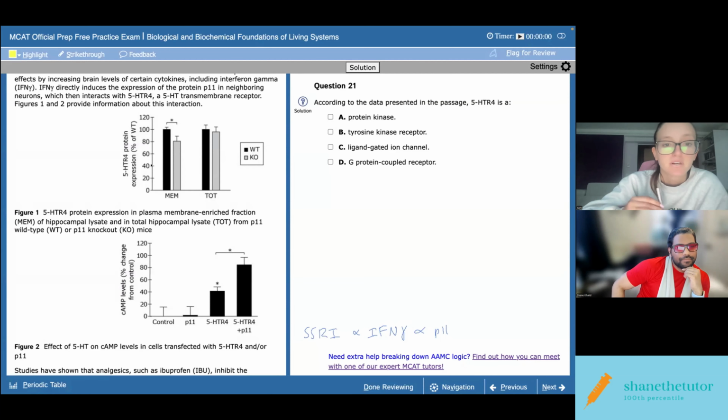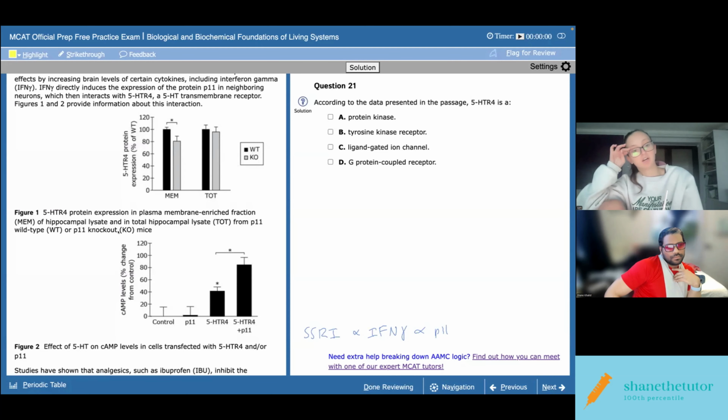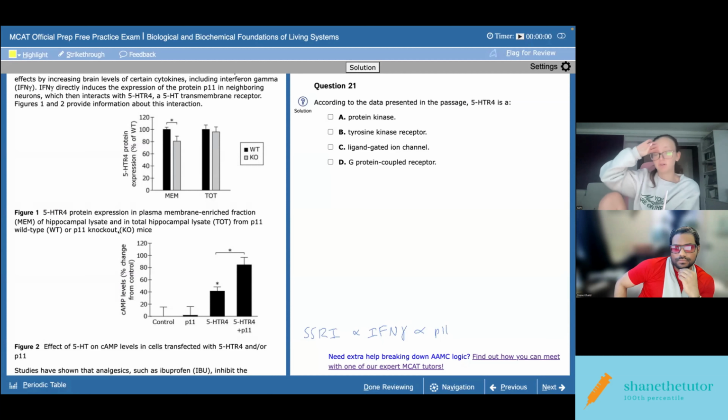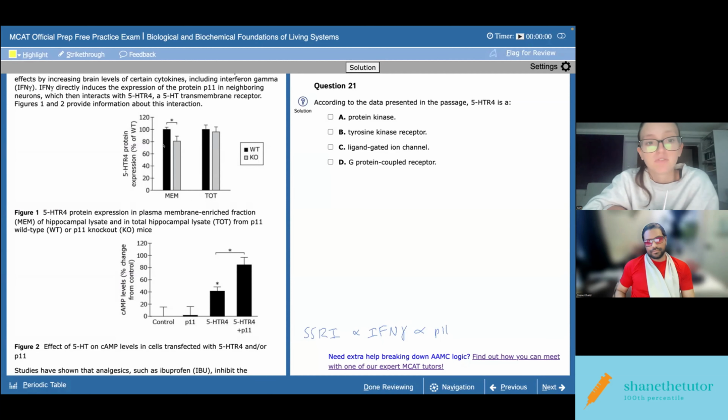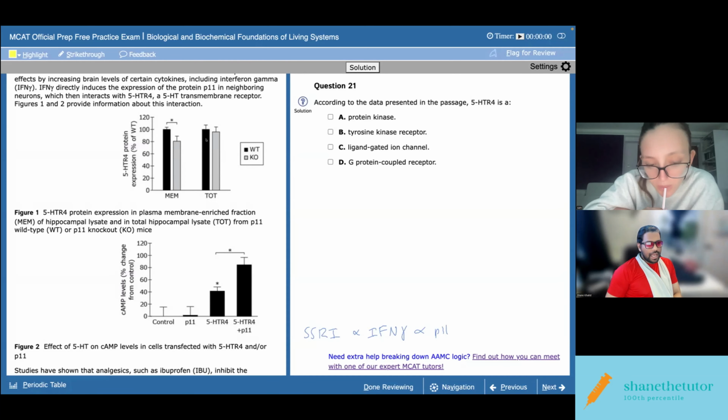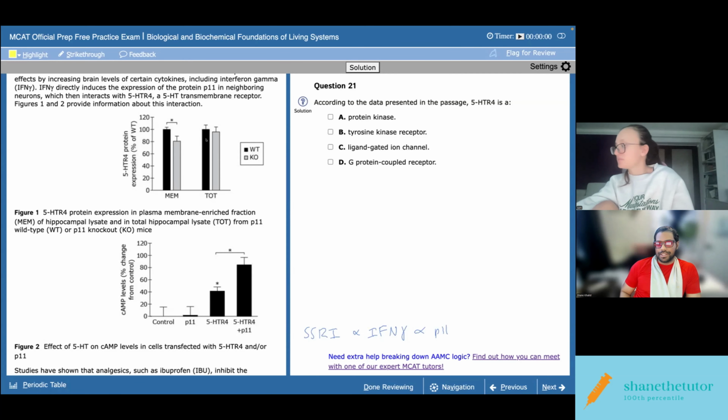When they do a study like this, they're using it like a dependent variable. The y-axis is a percent of wild type, so they normalized the wild type to 1 or 100%, and everything else is compared to that.